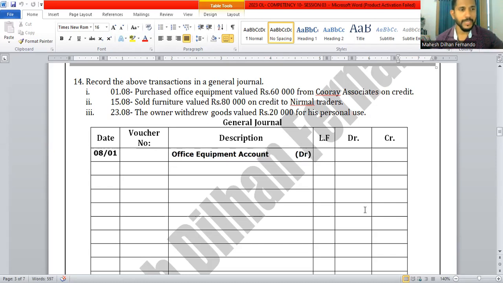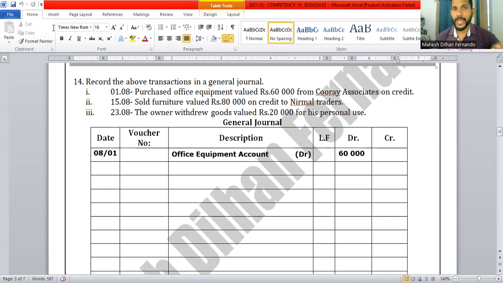Office equipment account debit. Then the value in the debit column: the value of the transaction, 60,000 rupees. That's all for the debit entry. Remember to always write debit.